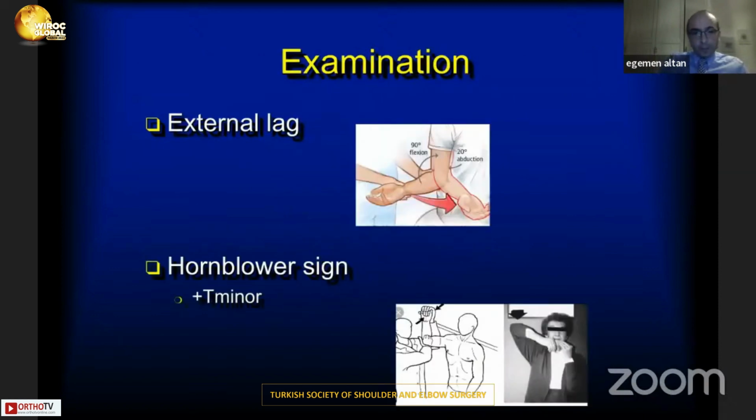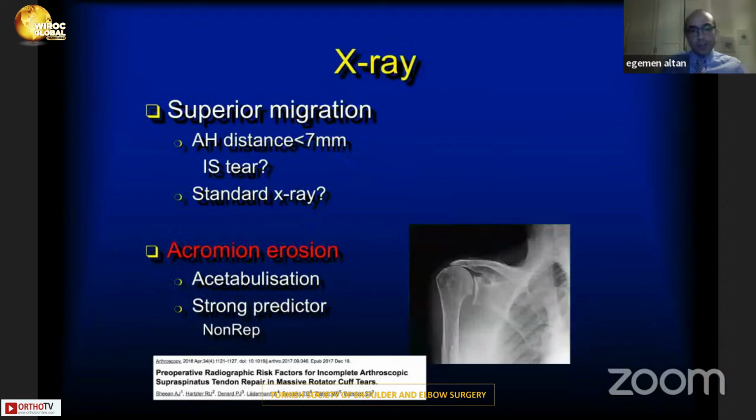And if you look at the examination, external lag sign and hornblower signs are important, and especially if you have a teres minor tear, you can see a hornblower sign. X-ray is another important issue.